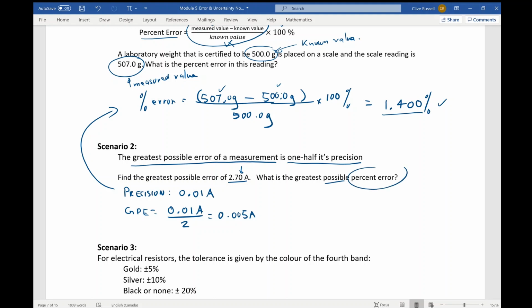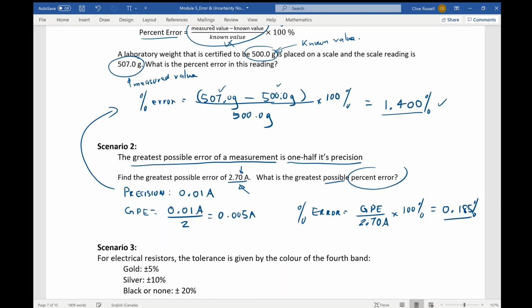So now that we know the greatest possible error, we can find the percent error, which is just equal to the greatest possible error divided by our value here, which is our 2.70 amp, and then we convert this to a percentage by multiplying by 100, and if you plug that in your calculator, you're going to get 0.185%.